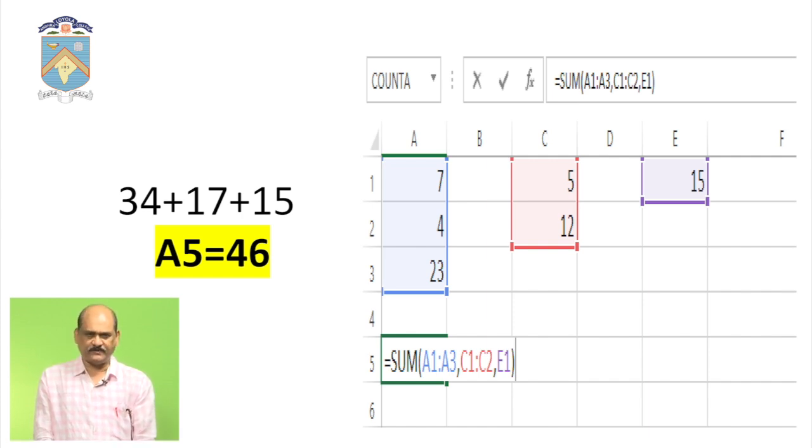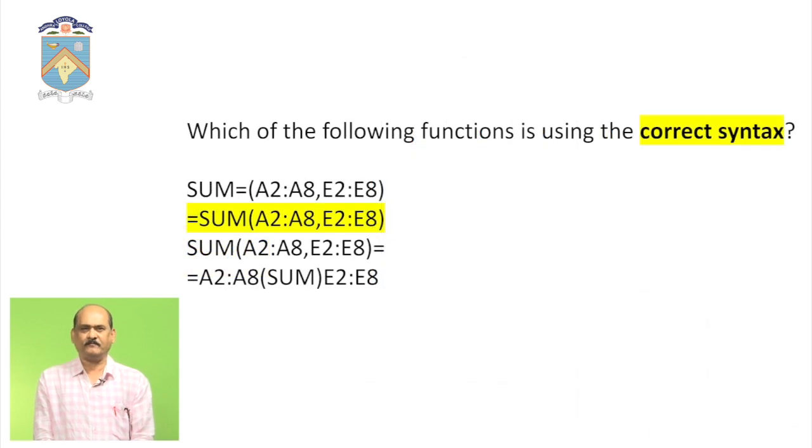So now, a challenge for you, having watched this video: which of the following functions is using the correct syntax? For example, SUM equal to parenthesis, or equal to SUM parenthesis and some argument within the brackets, or SUM parenthesis some argument in the brackets and equal sign, or equal to A2 colon A8, SUM in brackets and E2 colon E8.